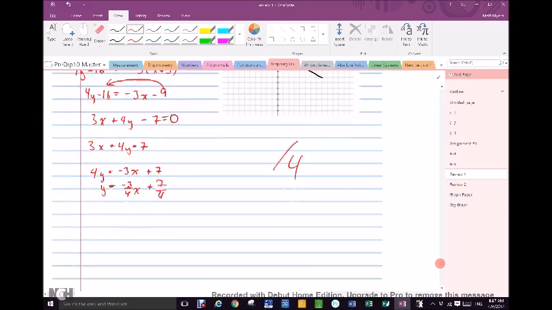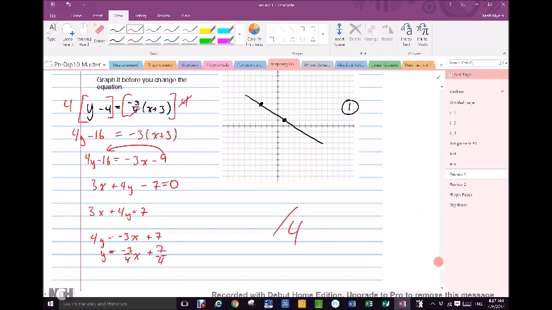Whoop. Wait, is that it? Yeah. Oh, 1, 2, 3. Is that 40? Oh, that page is that. That page is out of 4. 1 for the graph and 3 for all the algebra.